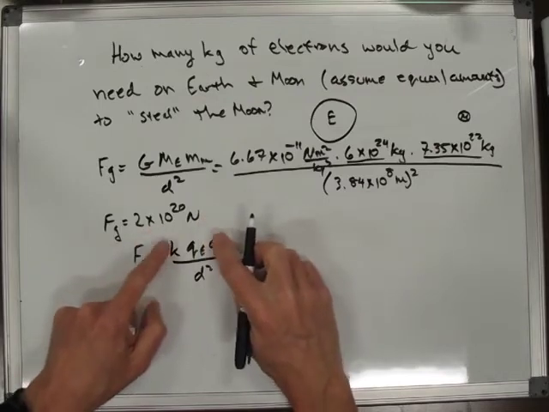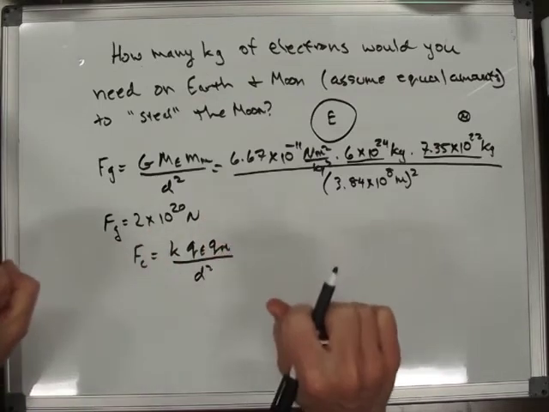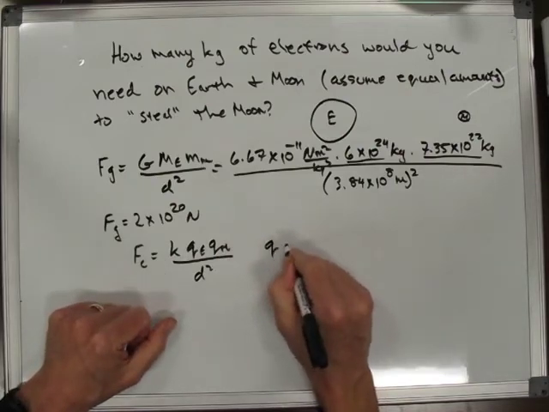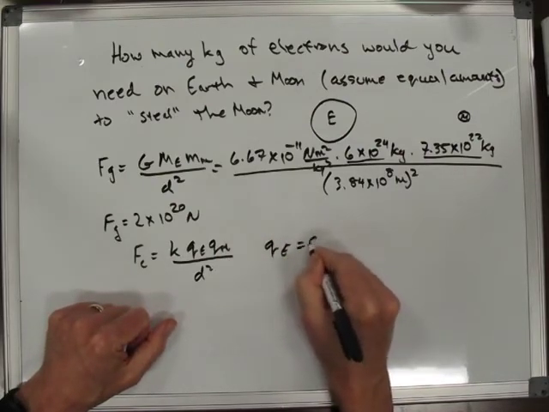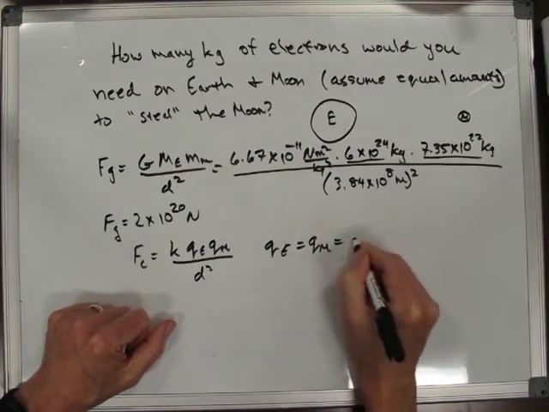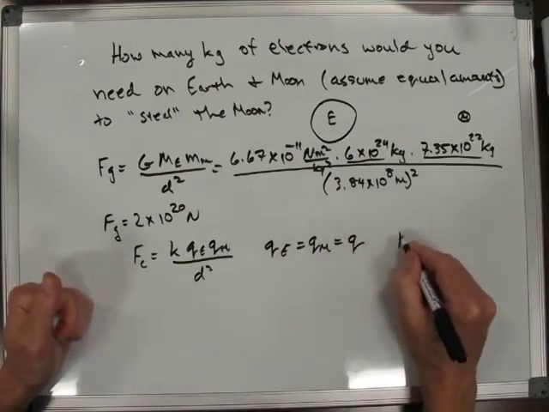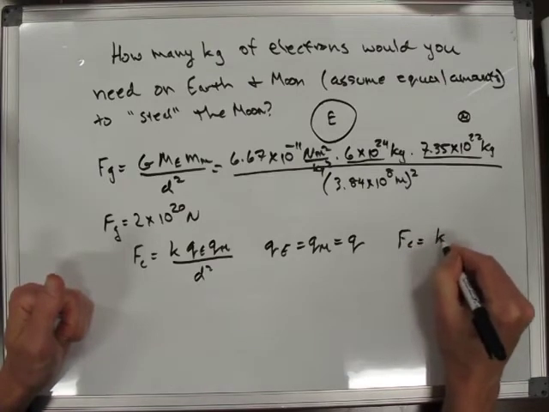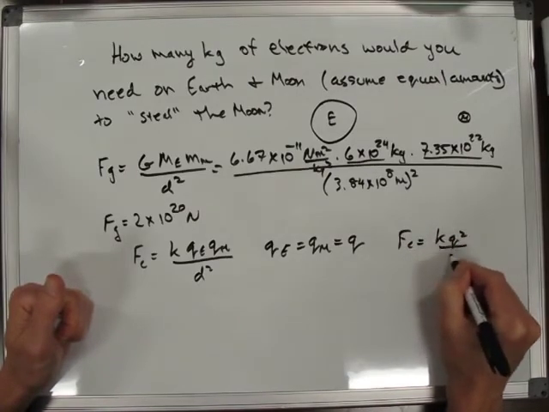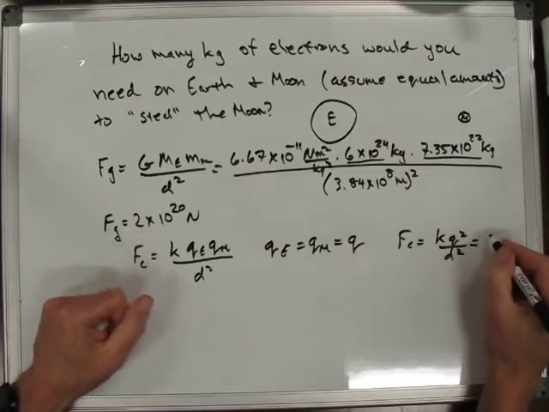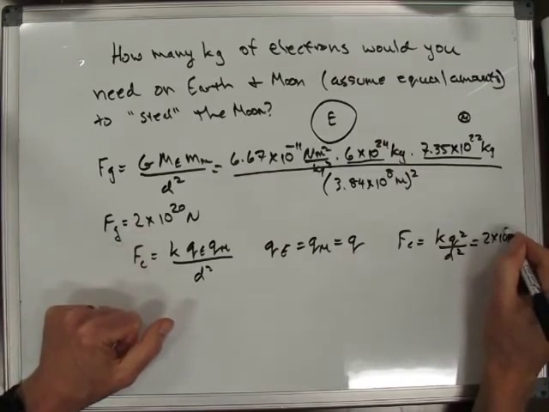In other words, we've put enough repulsive force on each of these to get them out, with the additional requirement that the charge on the Earth is the same as the charge on the Moon, which we'll just call Q. Then the Coulomb force is just K Q squared over D squared, and we want it equal to 2 times 10 to the 20th newtons.